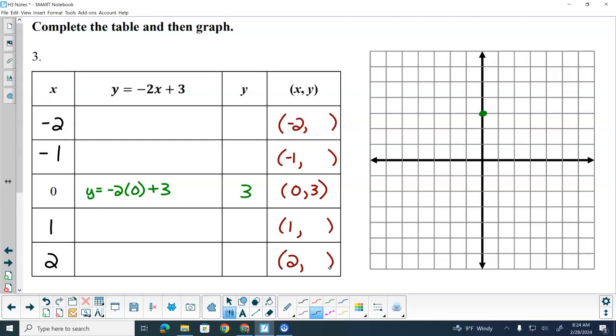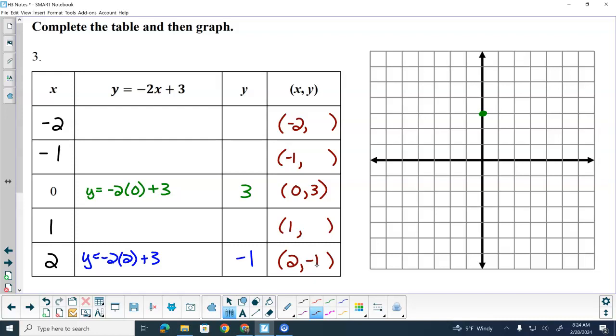Austin, you pick one of the 4, and you're going to do it all the way through. +2? Okay. So that means you're going to do -2 times 2. -2 times 2 is -4, plus 3. That is -1, yep. So that gives me the point 2, comma, -1.